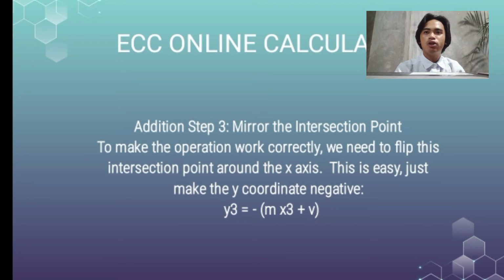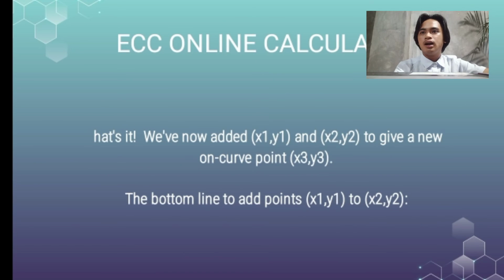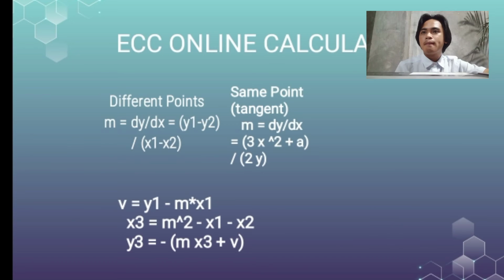Just make the y-coordinate negative. y3 equals minus (m x3 plus v). Ta-da, we have now added x1, y1 and x2, y2 to give a new on-curve point, x3, y3.